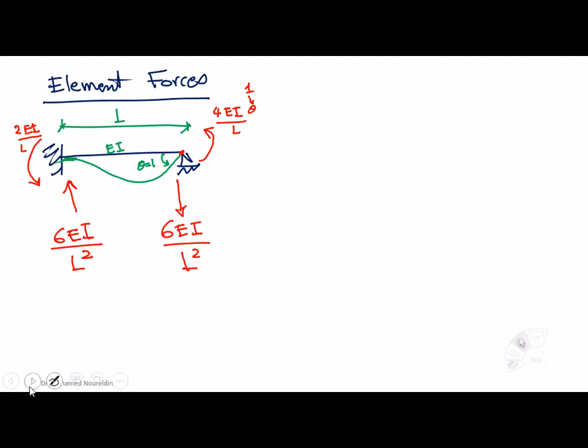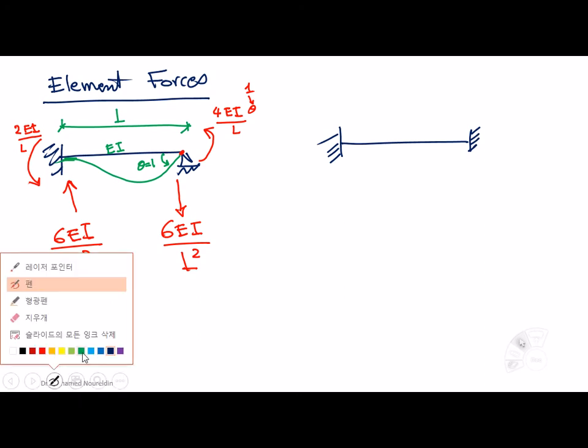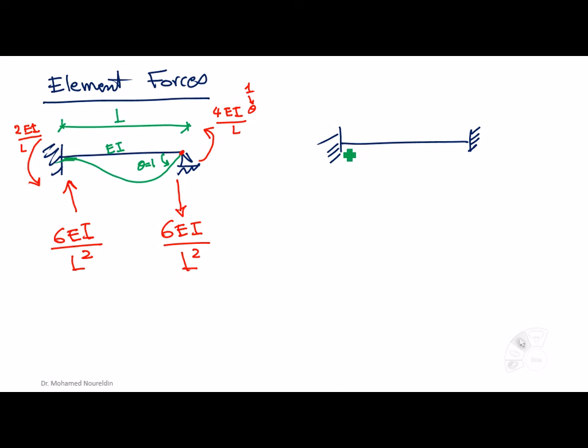So this is one of the commonly used members that we're going to have. What if we have another commonly used member, like a fixed element, and we make not a rotation, but a vertical unit displacement? Here, delta equals 1, a vertical unit displacement.